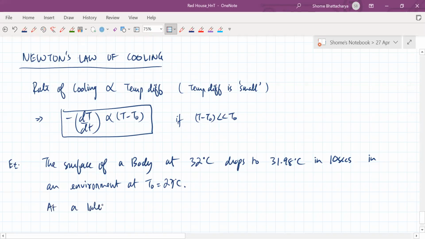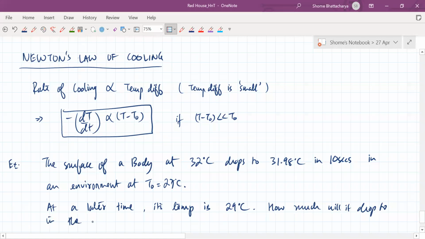At a later time, its temperature is, let's say, 29 degrees C. How much will it drop to in the next 10 seconds?